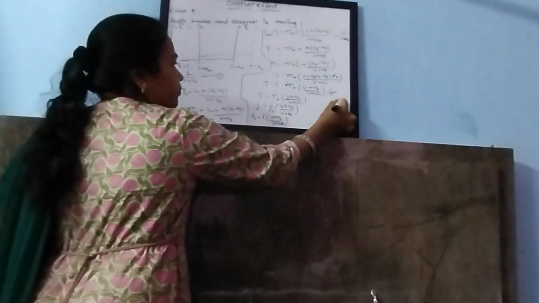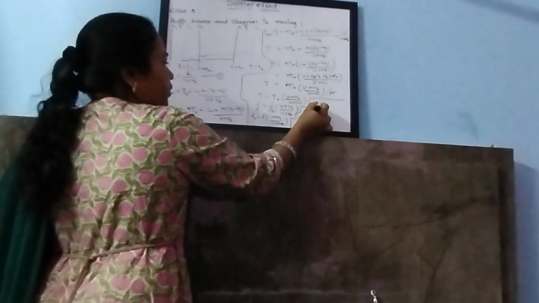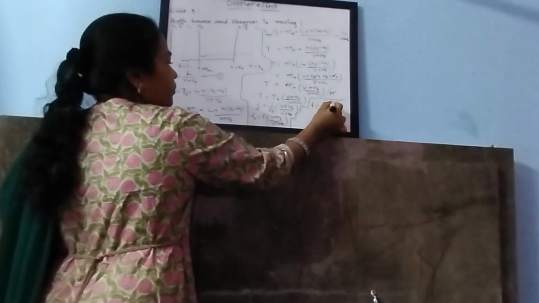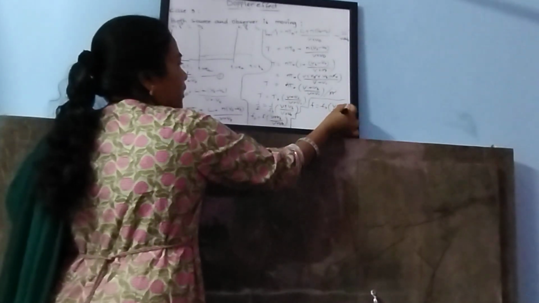From this again, we get the general formula: f equals f0 into V plus V0 by V plus Vs. This is the general formula for the frequency when both the source and the observer are moving.